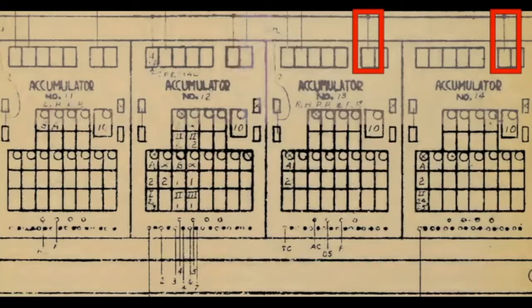Now, remember I said that we can have a lot of parallelism in the machine, so there's nothing wrong in principle with transmitting from accumulator 13 to accumulator 12, and also transmitting from accumulator 14, and having those transmissions overlap. Except for one thing. If we look at the way it's wired in this part of the wiring diagram, we see that both accumulator 13 and 14 are wired for their output to go to data trunk 1.